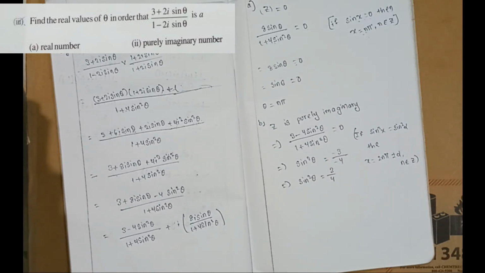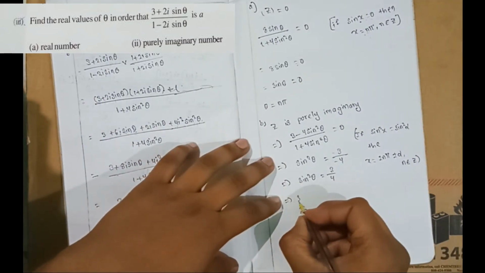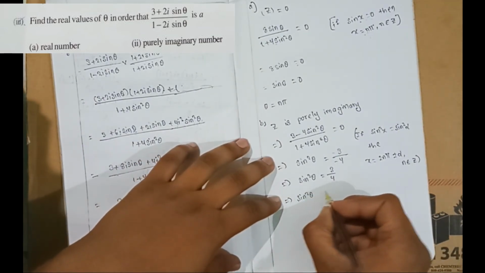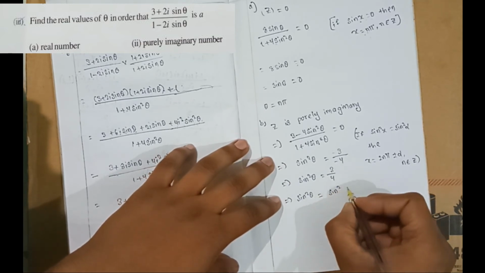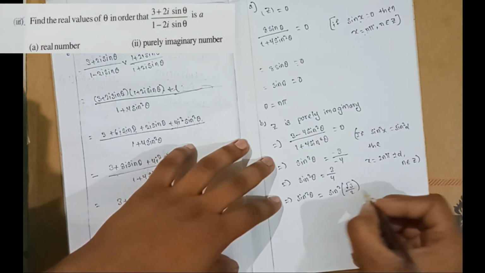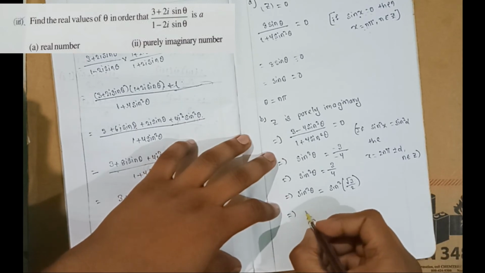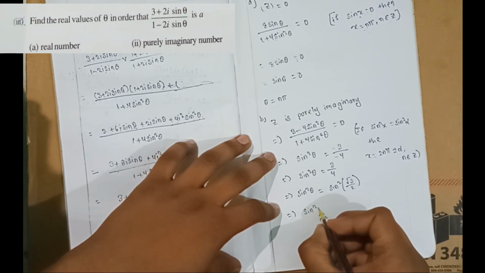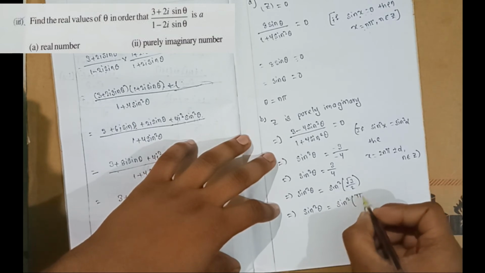So according to the condition, it will become sine square theta equal to sine square root 3 by 2, and then sine square theta equal to sine square pi by 3.